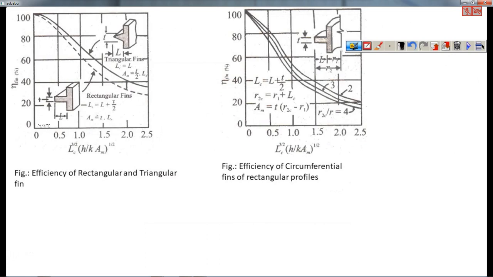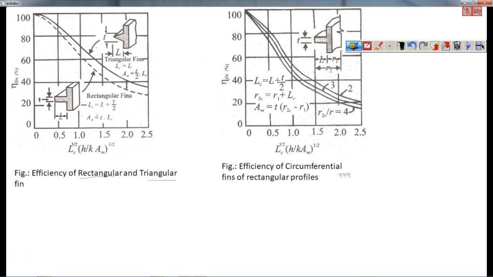A diagram shows the efficiency of a rectangular fin and a triangular fin, and another diagram shows the efficiency of circumferential fins of rectangular profile.